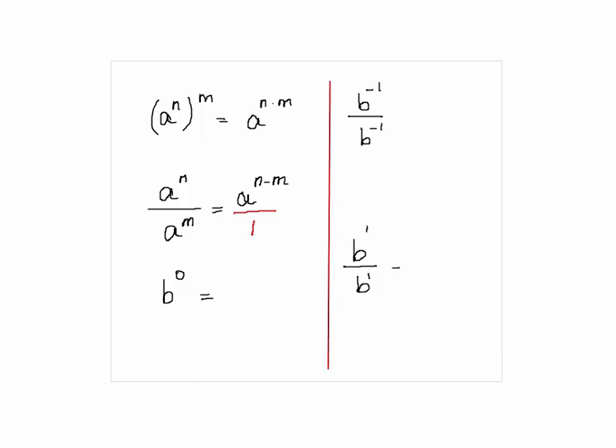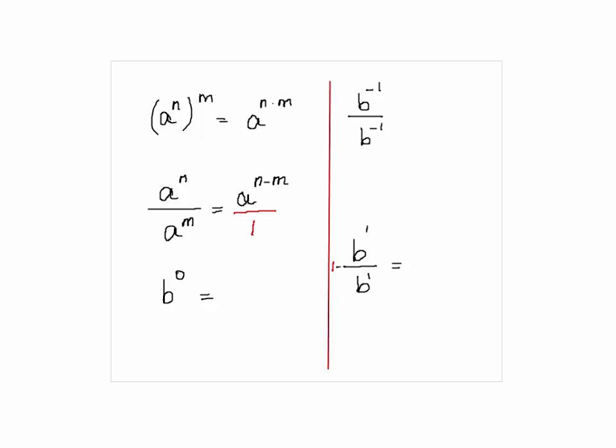If this were plus 1, what is b over b equal to here? What is 2 over 2, 3 over 3, b over b? What is that equal to? Equal to 1. Very good. We know that it's equal to 1.